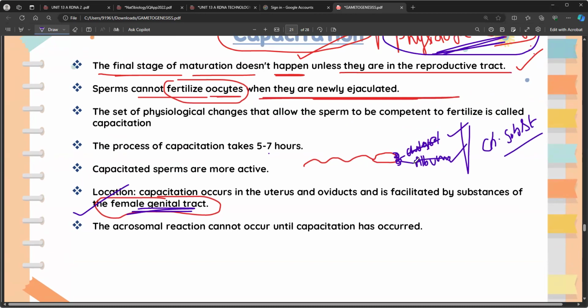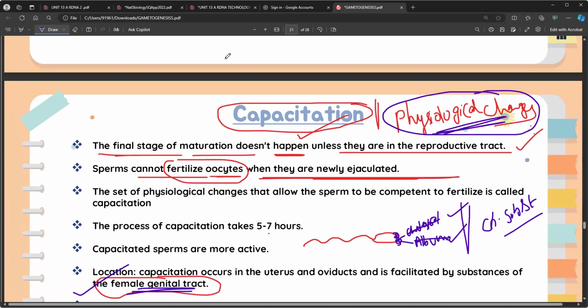So friends, very important. How can you differentiate, or how can you confirm? That's also a very good point. How can you confirm whether capacitation occurred or not? If the process of capacitation did not occur, the acrosomal reaction never takes place. What is the acrosomal reaction?